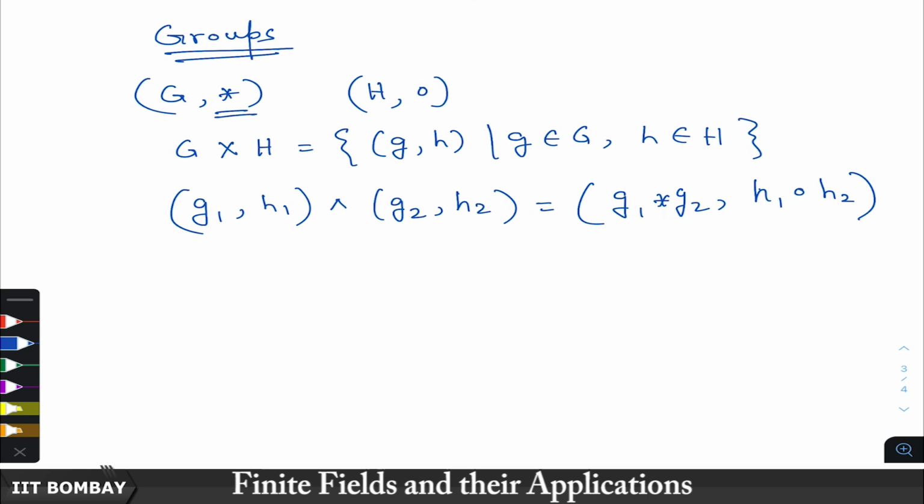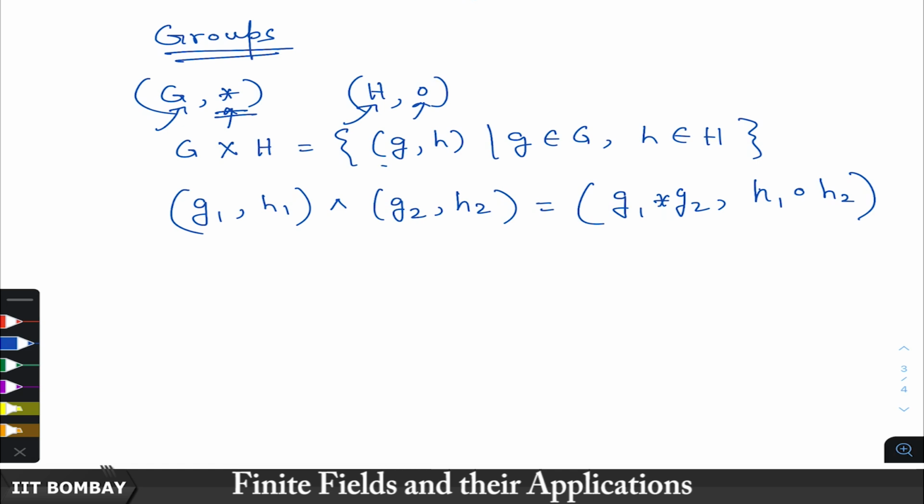It is not necessary that these G and H are similar sets. For example, the elements of both these sets could be integers or real numbers which can be operated on. There is no operation defined between elements of G and elements of H here. So, the operations can be quite different here and here.